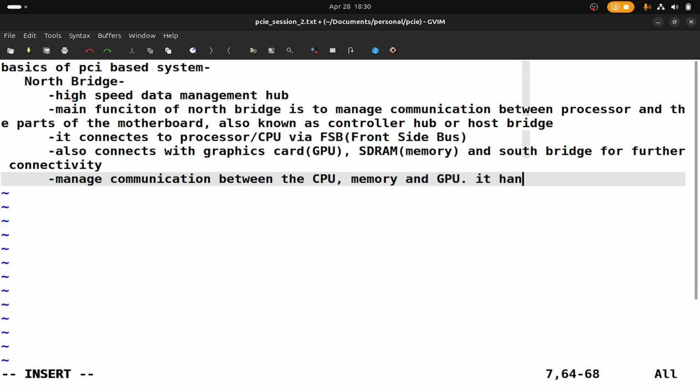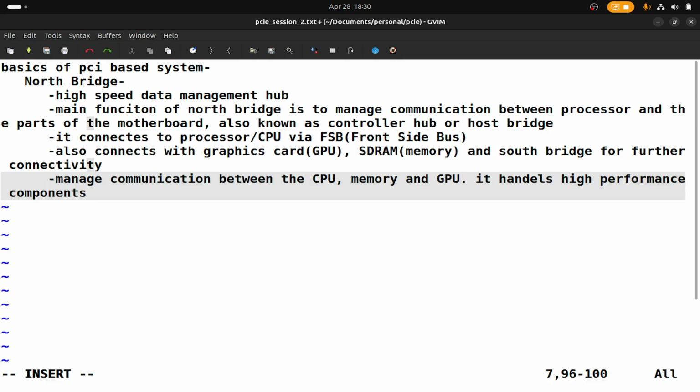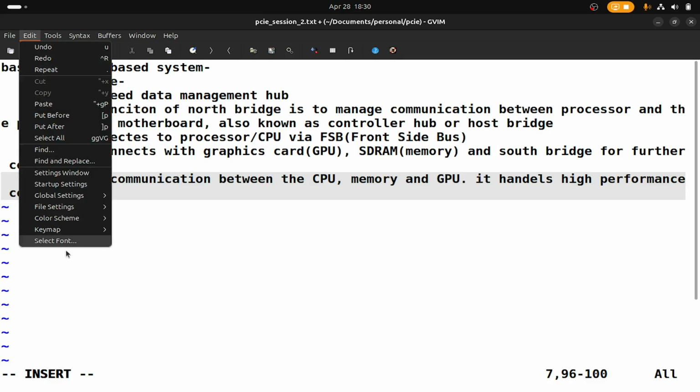It handles high performance components. Fine. So it is all about the North Bridge.